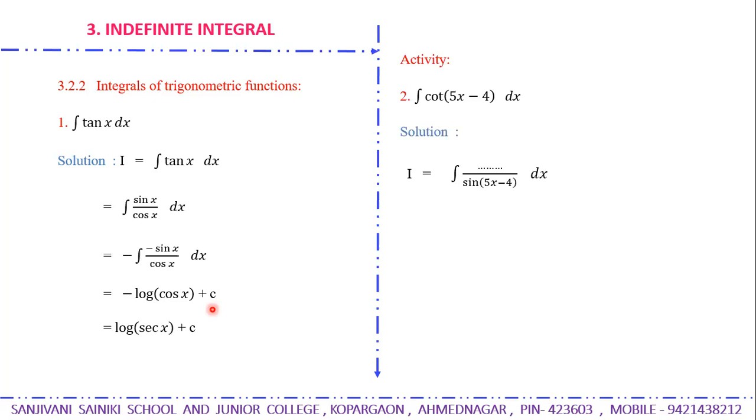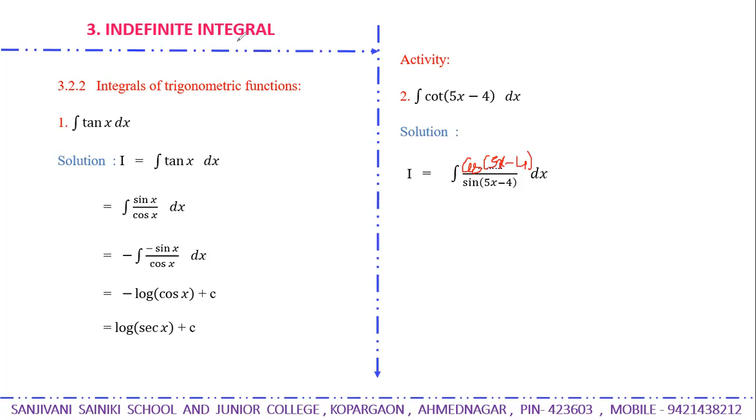Now you have an activity based on this formula: cot of 5x minus 4 dx. Okay, how to solve this? So cot of 5x minus 4 I have written here. I have to write it as cos of 5x minus 4 upon sin of 5x minus 4, since cos upon sine is cot.